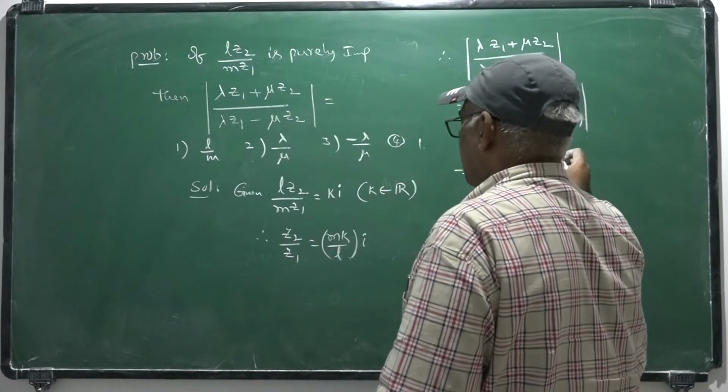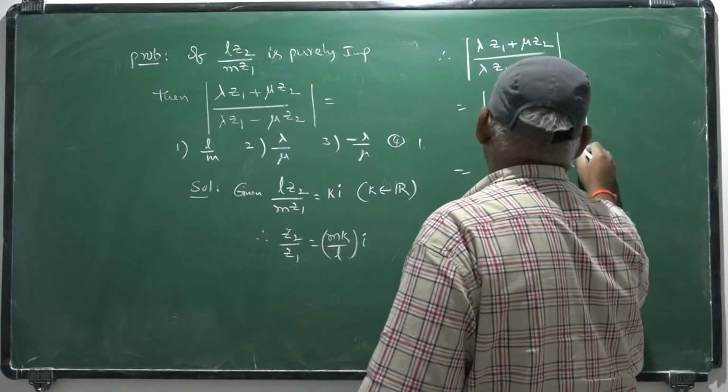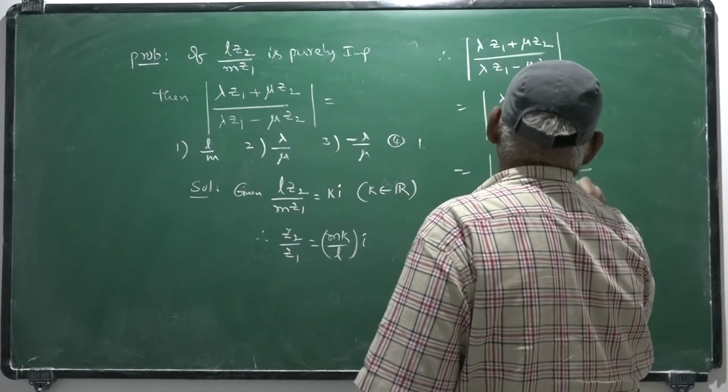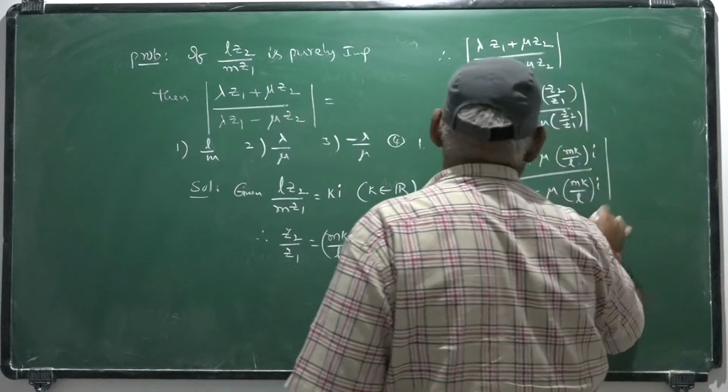Lambda plus mu into Z2 by Z1 is mu k by lambda into i, by lambda minus mu into mu k by lambda into i.